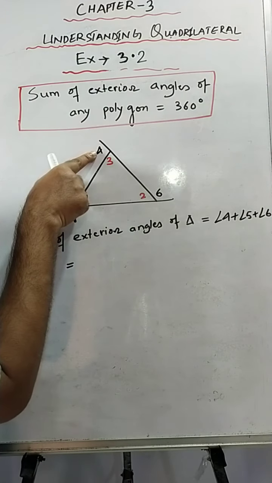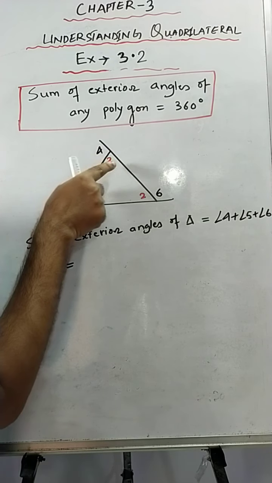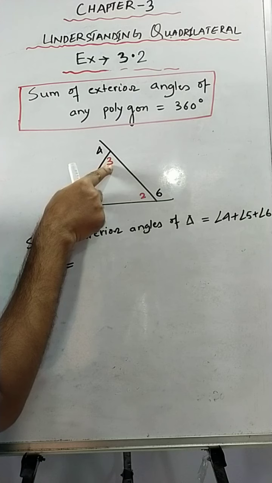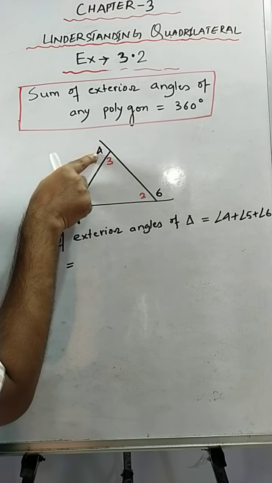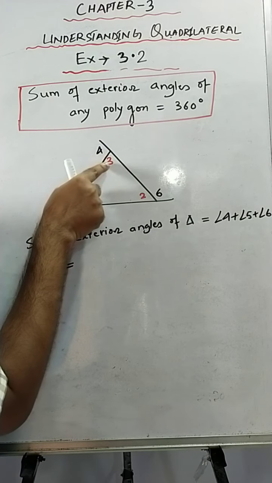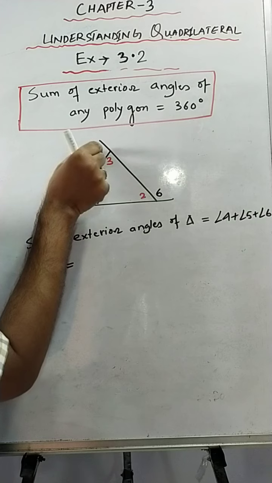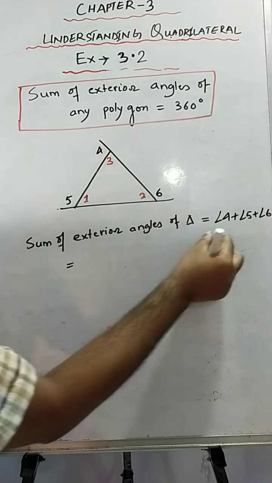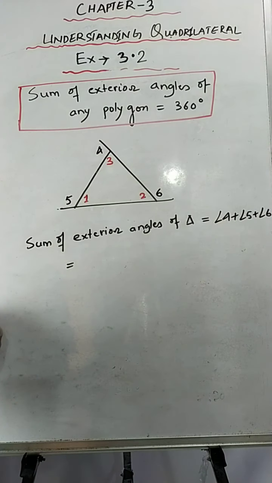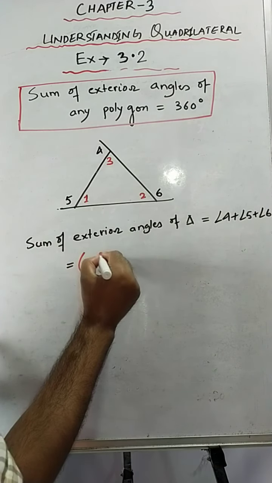In place of 4, we can write 180 degree minus 3. Why? Suppose this angle 3 is given and we are supposed to find out this angle 4. What will we do? We'll subtract angle 3 from 180 degree to get the value of angle 4, isn't it? So in place of angle 4, we can write 180 degree minus angle 3.